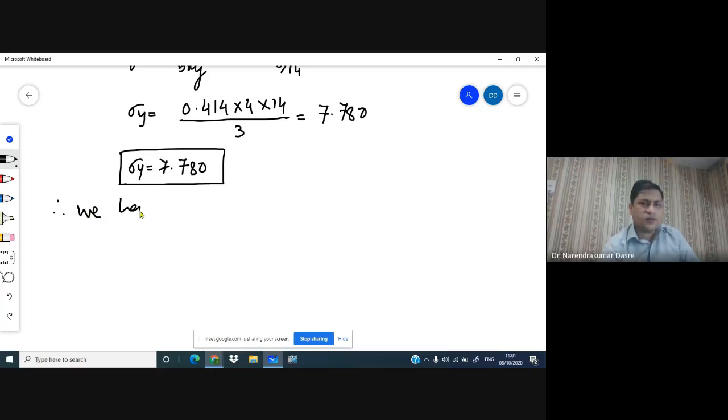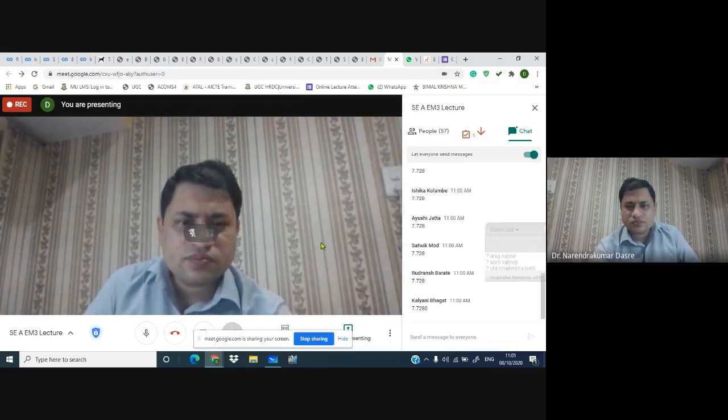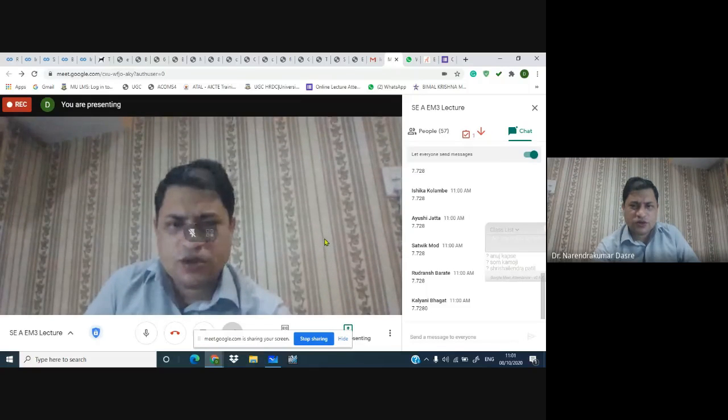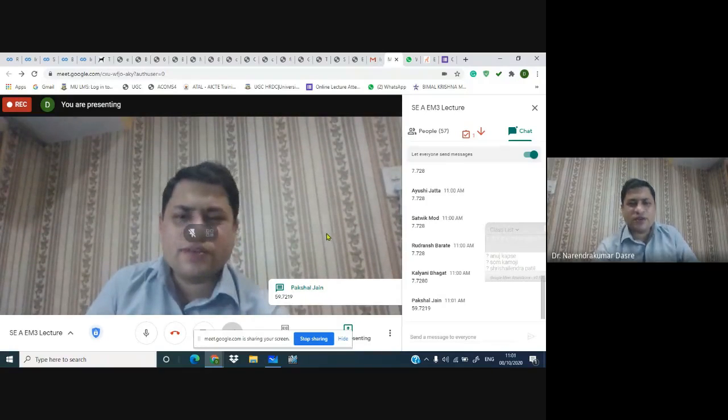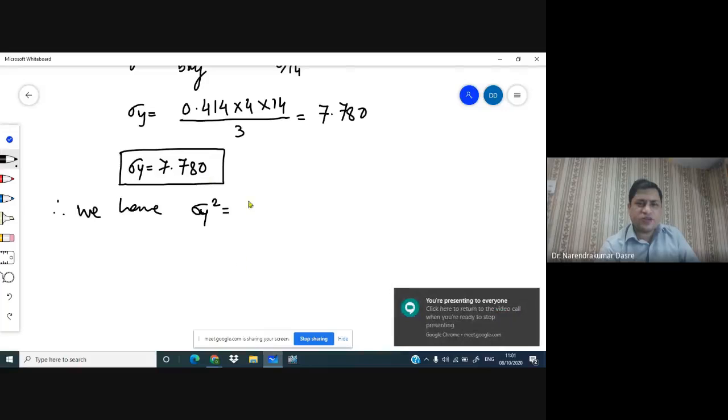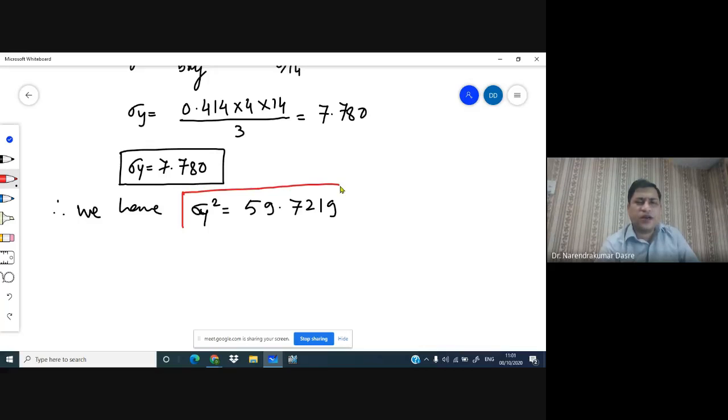Sigma y square is equal to the square of 7.7280. What is the square of this term? 59.7219. So this was the quantity that we needed to find. So we got this also.